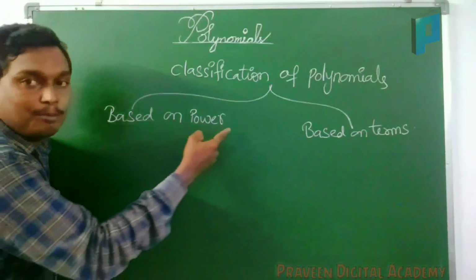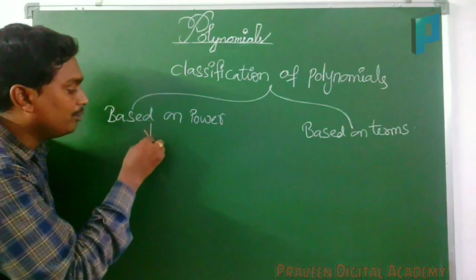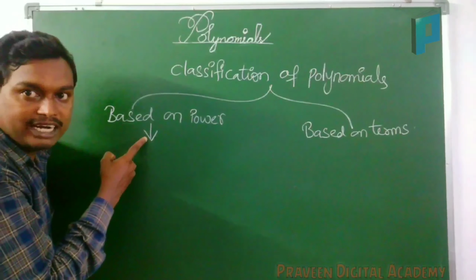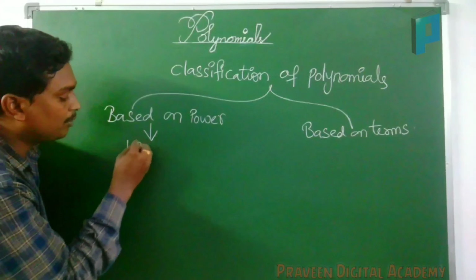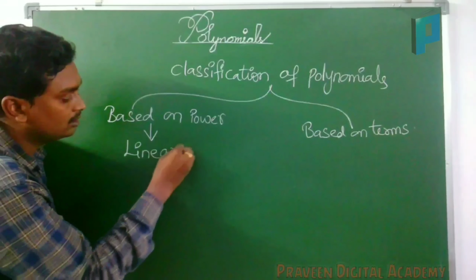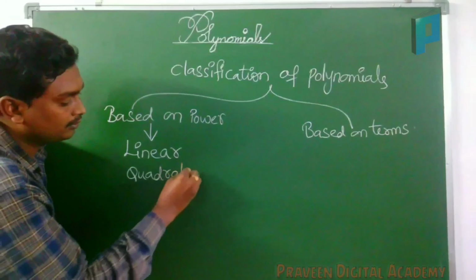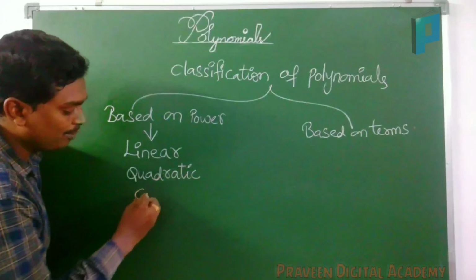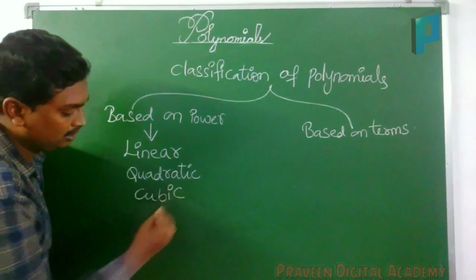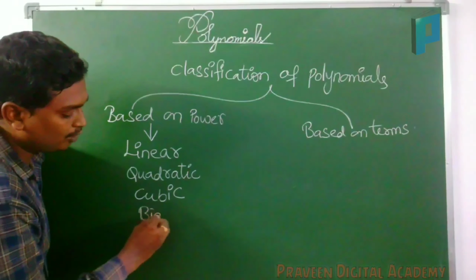Here, based on powers, polynomials are divided into linear polynomial, quadratic polynomial, cubic polynomial, and biquadratic polynomial.